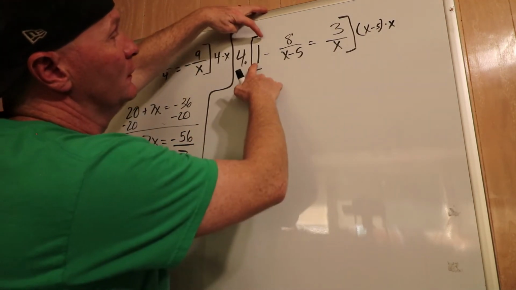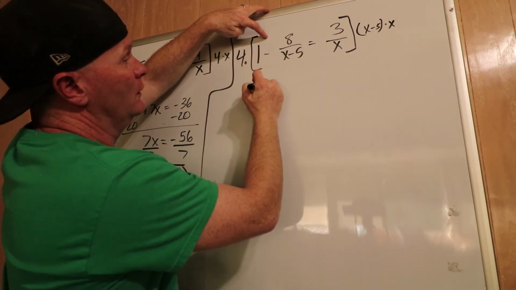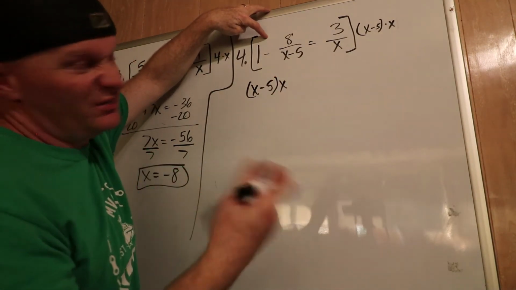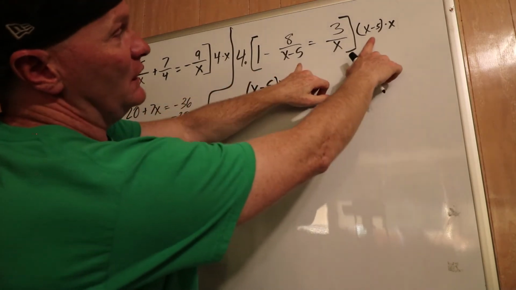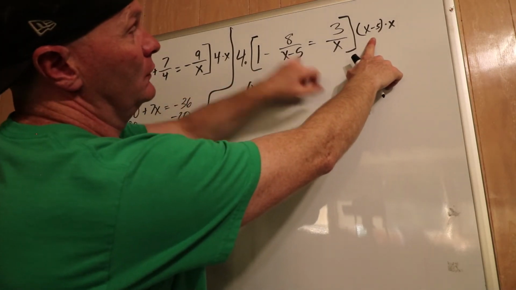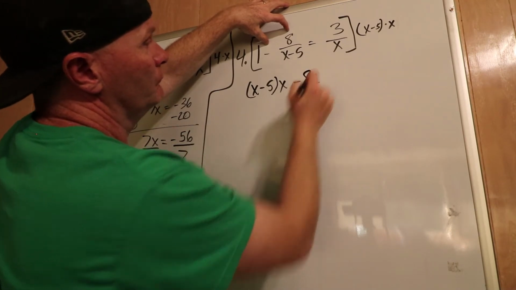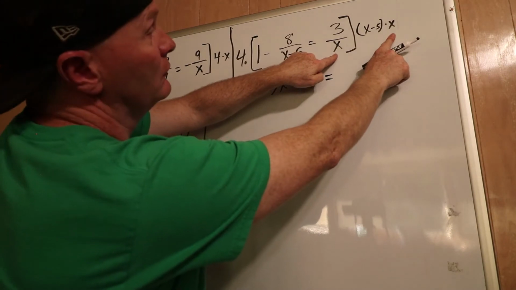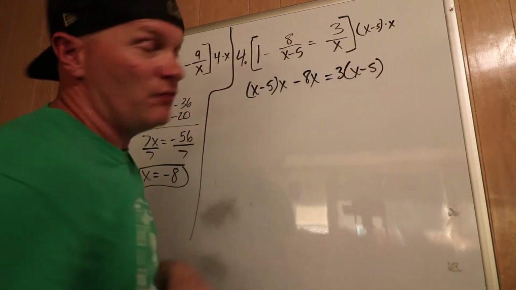So this one, the denominator doesn't cancel anything. So this whole first term is x minus 5 times x times 1, but the 1 doesn't do anything. On the second one, the x minus 5's cancel out, so I have negative 8 times x. And then over here, the x's cancel out, so I have 3 times x minus 5.